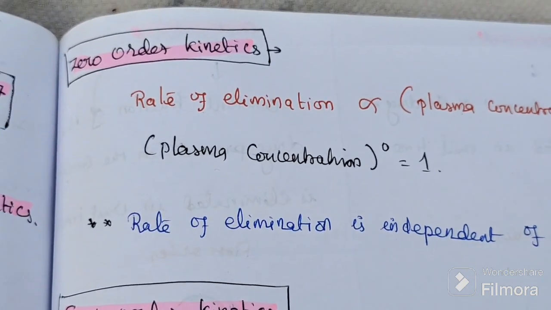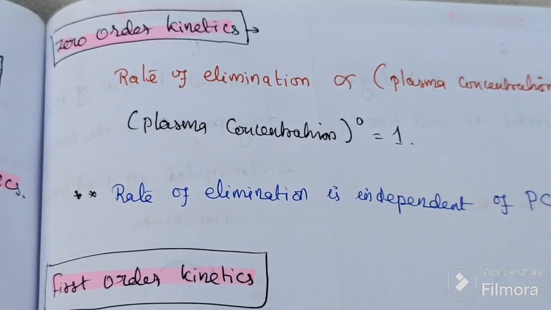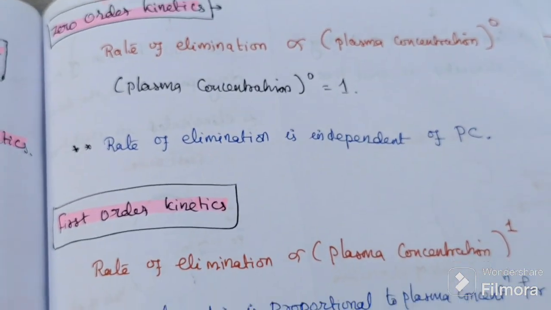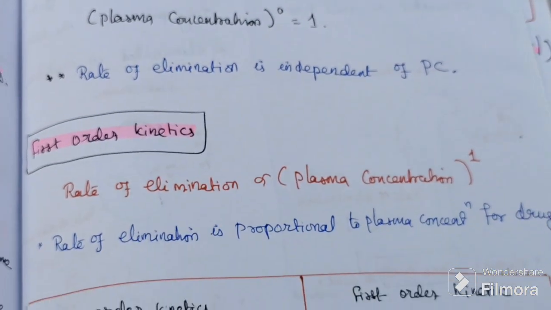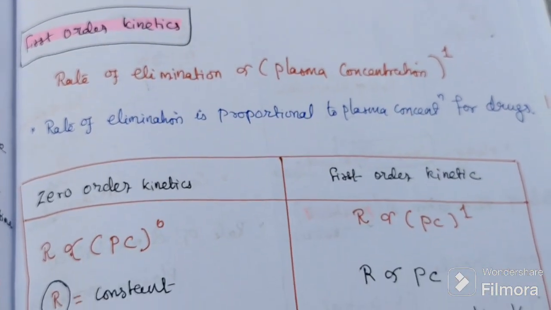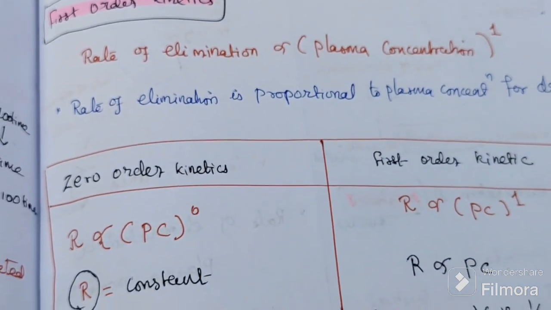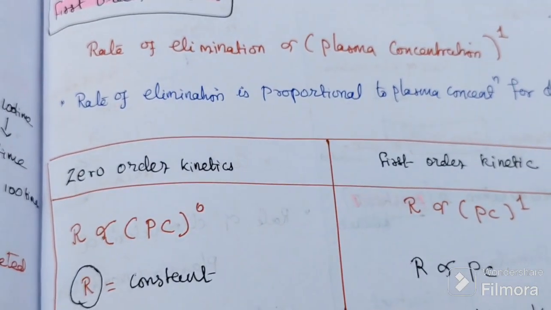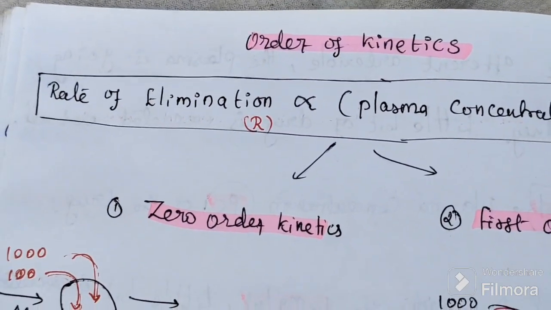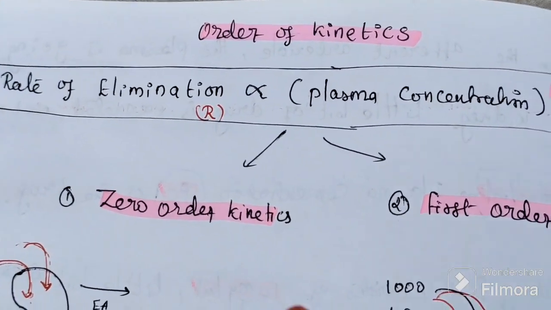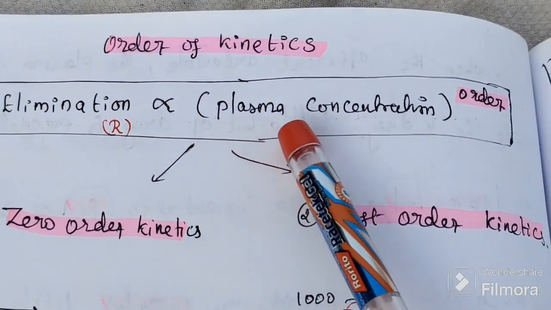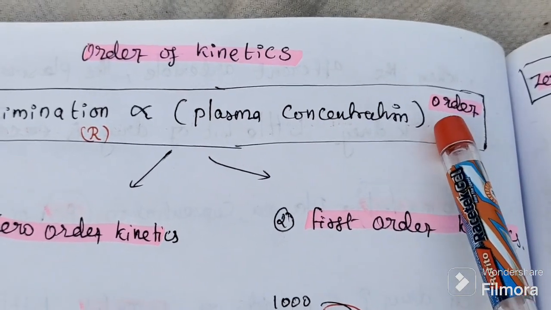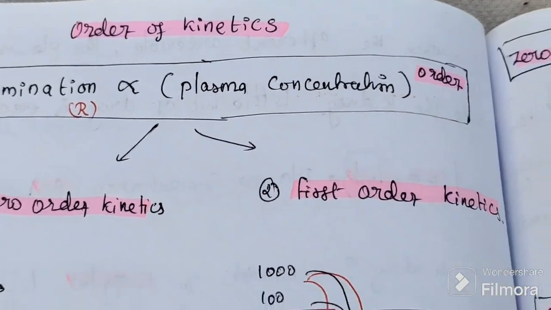So this is the meaning of order of elimination. In zero order kinetics, the rate of elimination is constant. Now there is a formula: the rate of elimination is directly proportional to the plasma concentration to the power of the order. Here the power is the order.